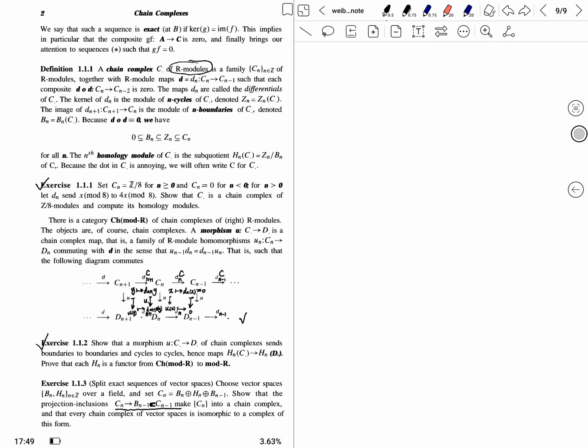Let's look at this exercise 8.1.1.3. This exercise is about a particular example of chain complexes of vector spaces.